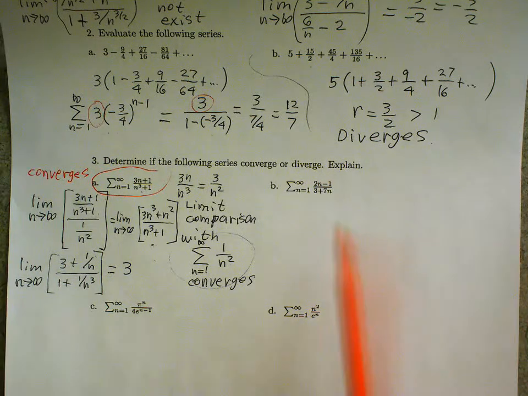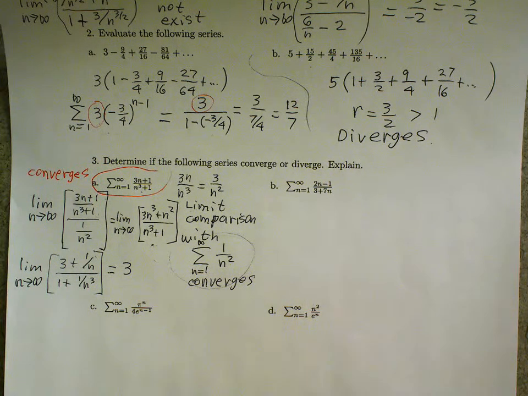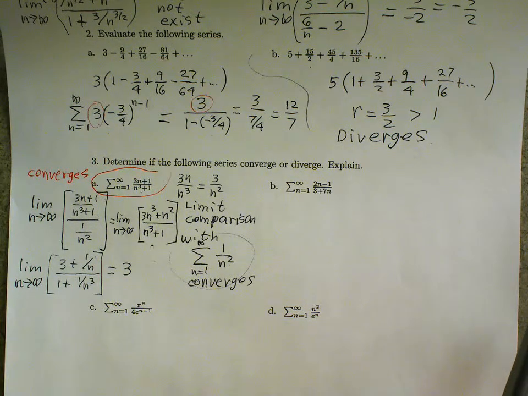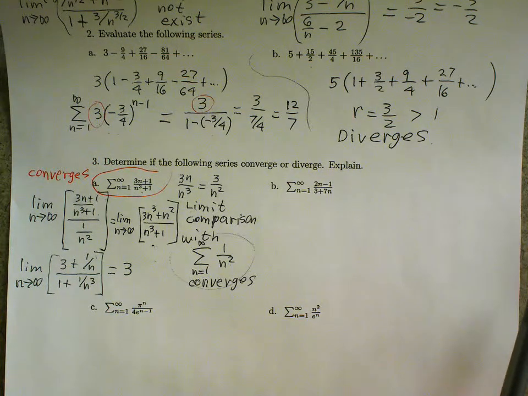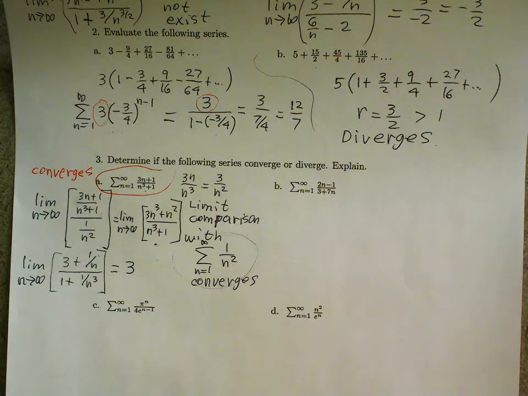Okay, in part B, determine if this series converges or diverges. The terms are 2n minus 1 over 3 plus 7n. So what do you think?